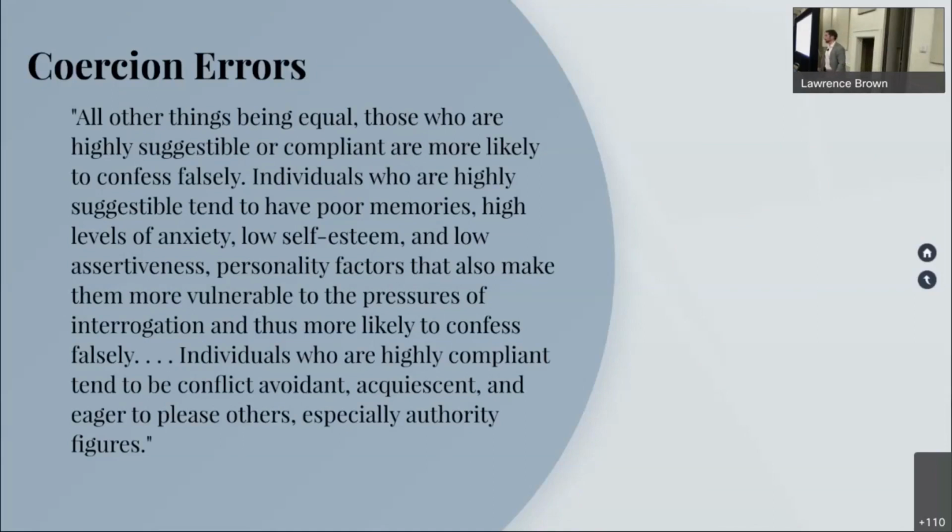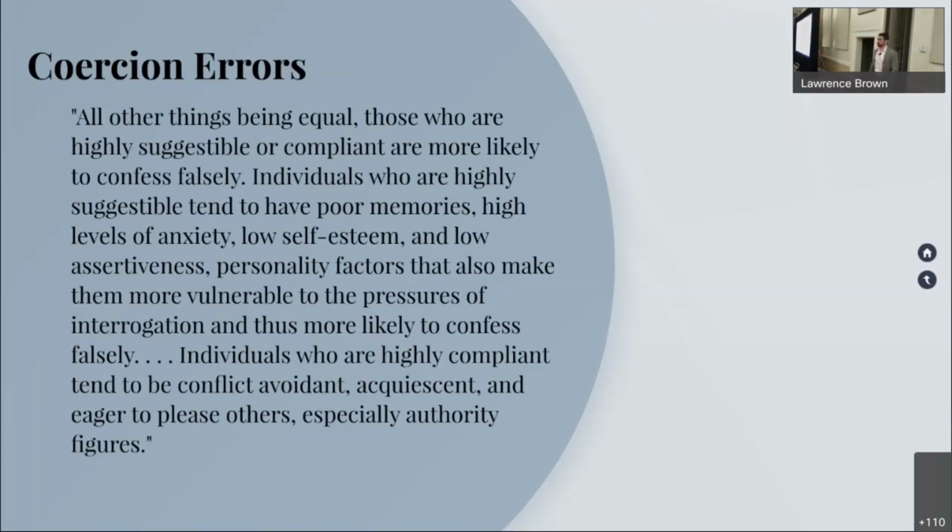I'm sure you can think of people in your professional or personal lives who are just not particularly assertive. Mom, talking about you, my mother would confess to almost anything. She might have done it, but she would definitely confess to it, right? Just not a very assertive person.